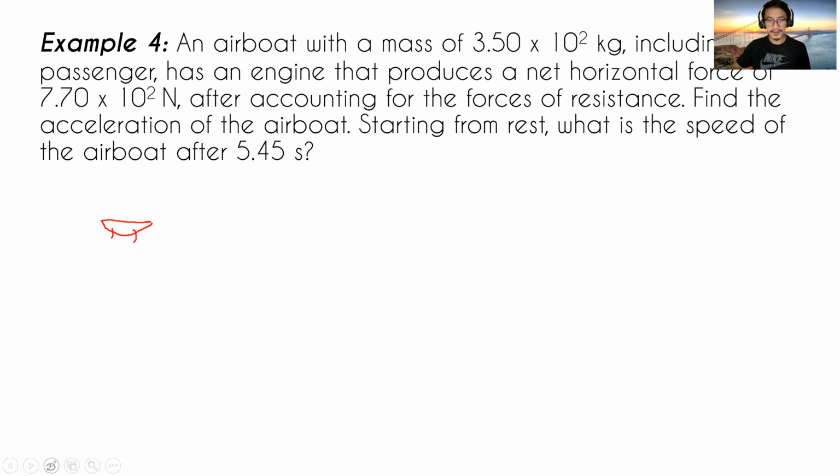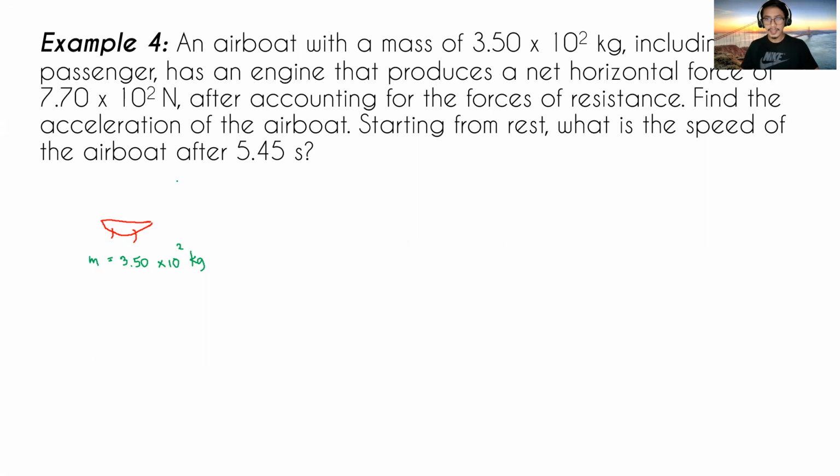And the mass of that boat is 3.50 times 10 to the power of 2 kilograms, or just basically 350 kilograms, including the passenger. So that is the mass of everything in the boat, including the passenger.